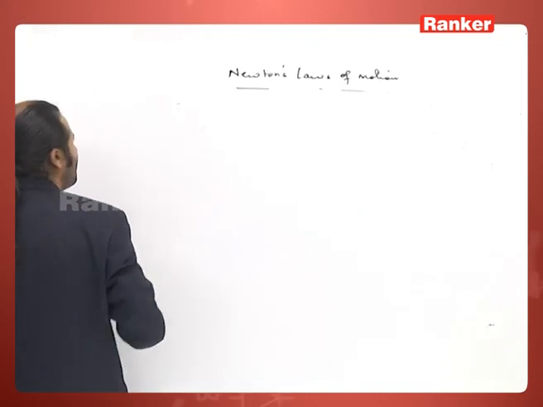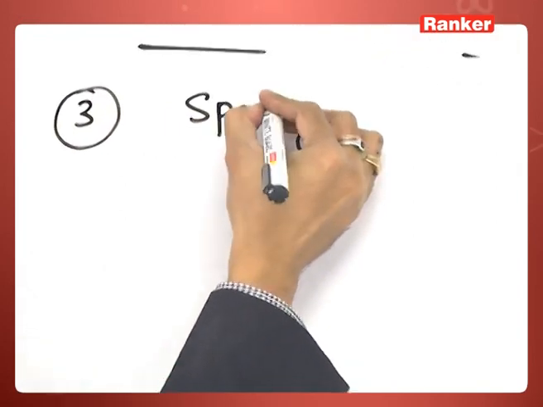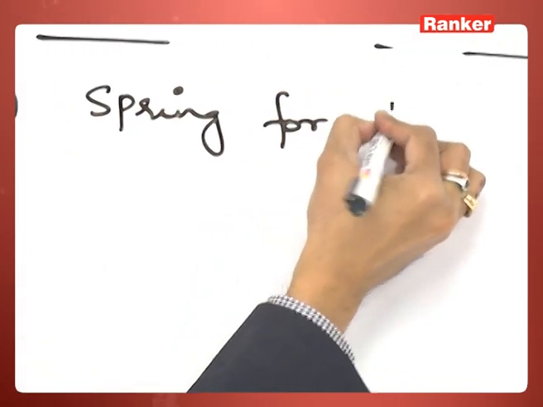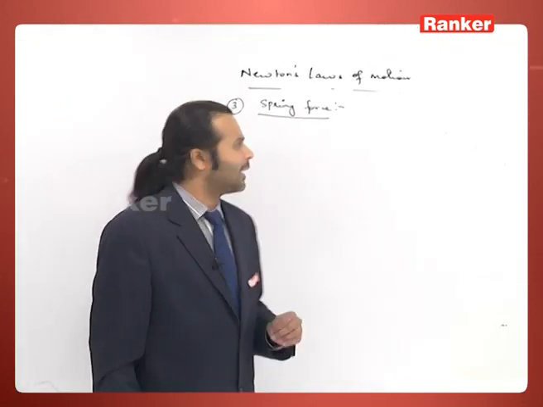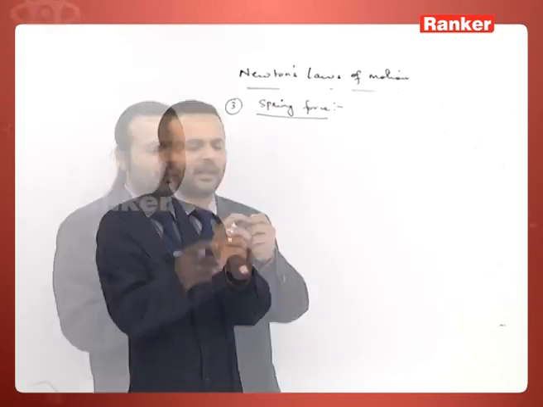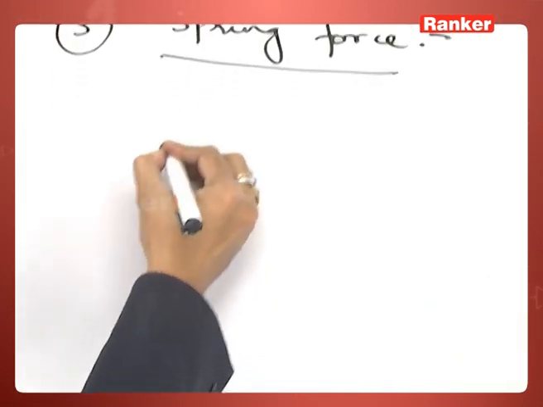Now the third kind of force which will come along is spring force. A spring is nothing but a metal wire coiled in various ways like this.